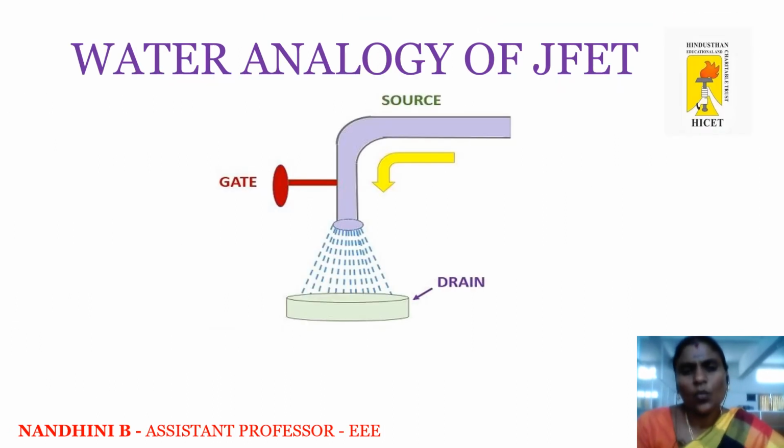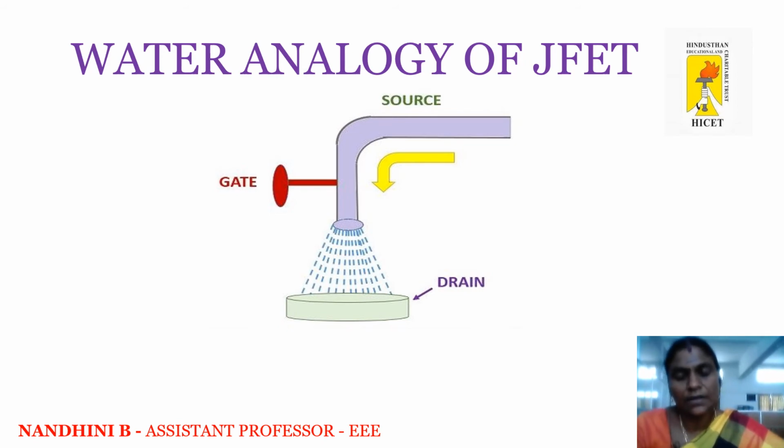Next is the water analogy of JFET. That is, by controlling your gate, the drain voltage can be controlled, right? So this is the source. The source is like your well or borewell pipes or water tanks.